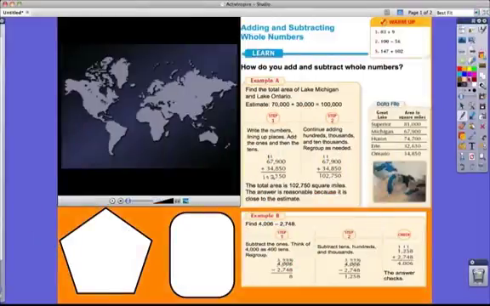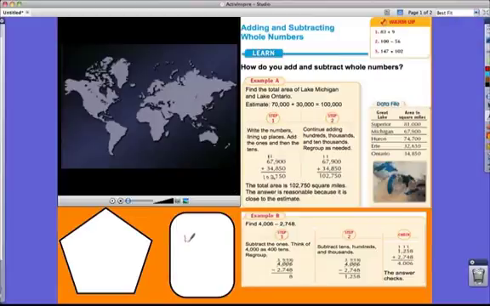So let's come over here in the toolbox once more, and let's change our color to red, okay? The original number here was 4,006, and we want to take away 2,748. All right, let's see if we can do this. Just like we did when we were adding, we want to start at the ones place.